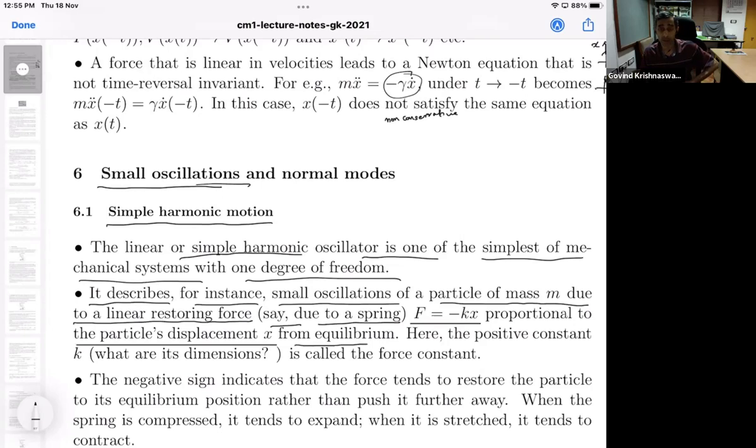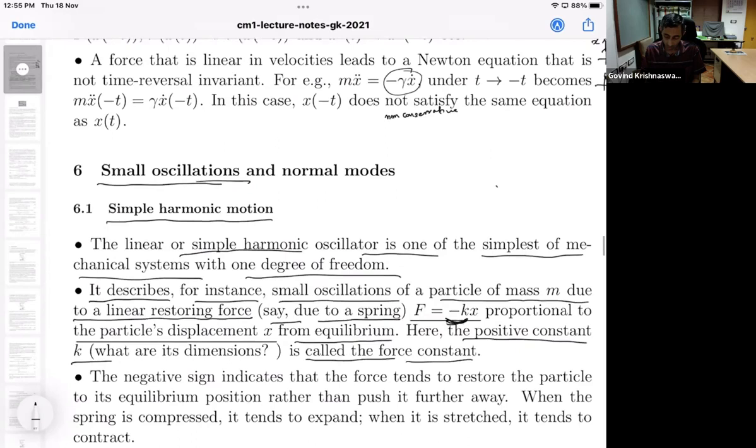That's very important. x is the displacement from equilibrium with a proportionality constant, which is a negative multiple of x. So minus k times x, where k is positive. Here the positive constant k is called the force constant. It is evident from the formula that the dimension of k is force per unit length. You can put what F is and get it in terms of mass, length, and time.